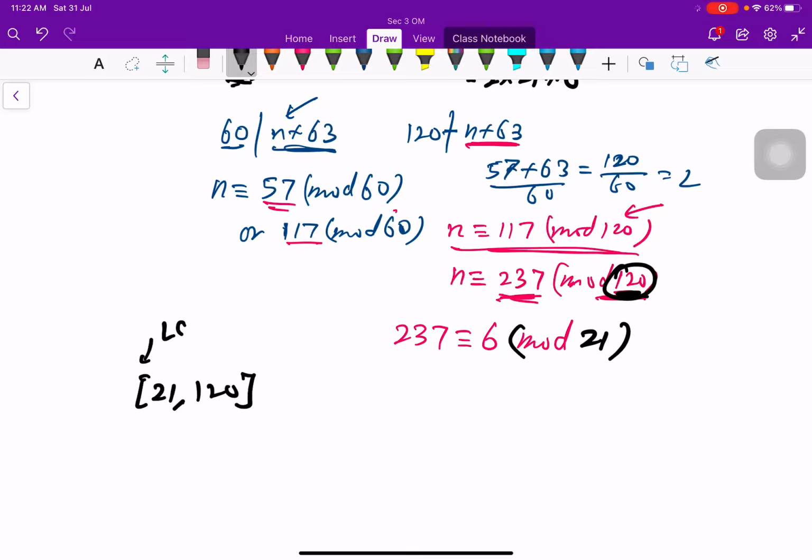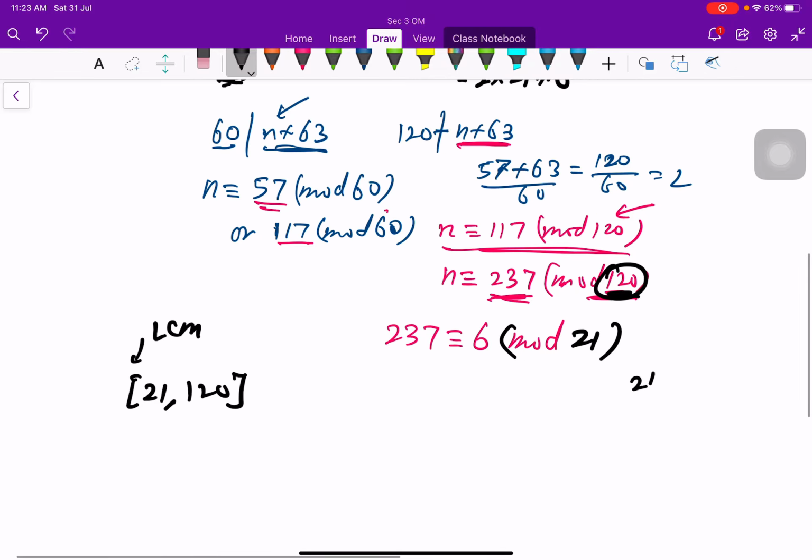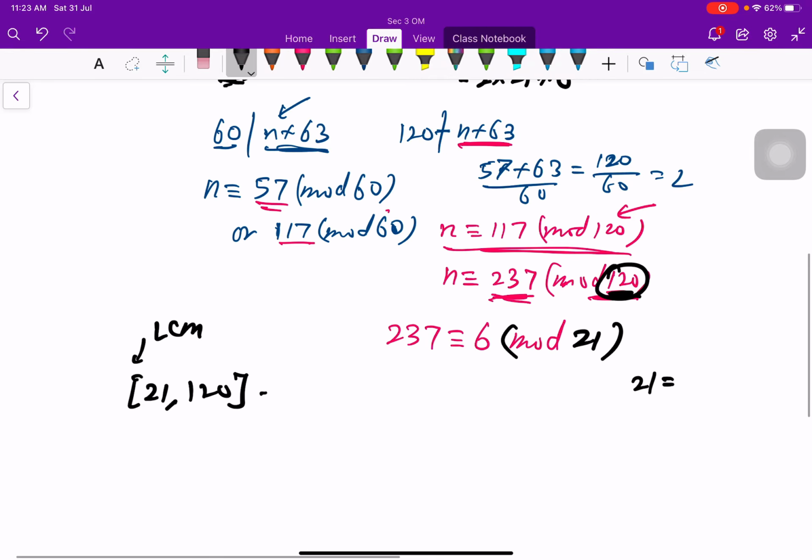The LCM is basically what? It's basically 3 times 5 times 7. In this case, your 120 will contribute 2 to the power of 3. Therefore, actually, the LCM is 840. Right?